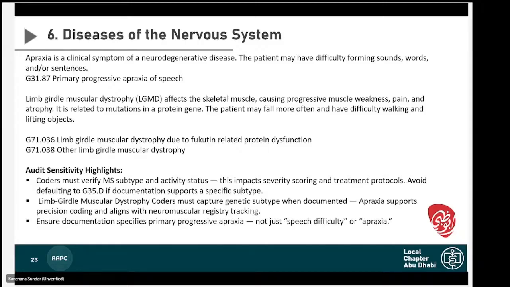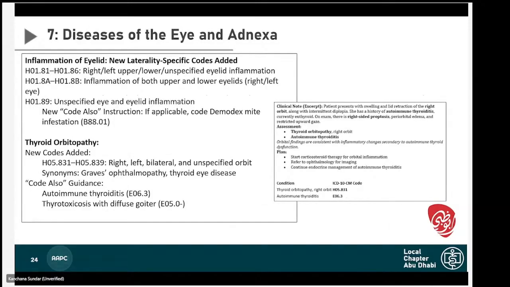And there is an importance for us to capture the genetic subtypes to serve the registry tracking appropriately. And ensure apraxia is given to its fullest specificity, primary progressive apraxia, and not just apraxia. Speech difficulty will never be used to code G31.87. So that's about the 6th chapter.